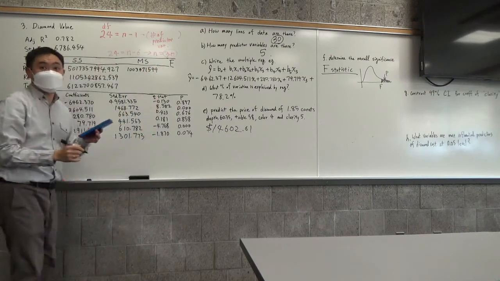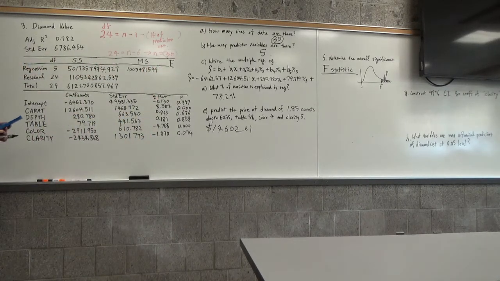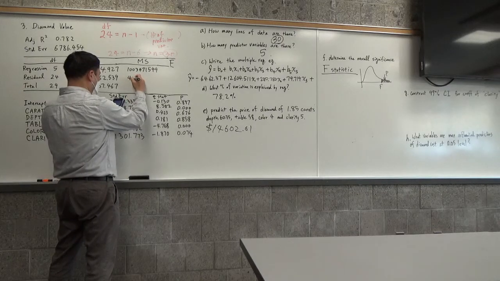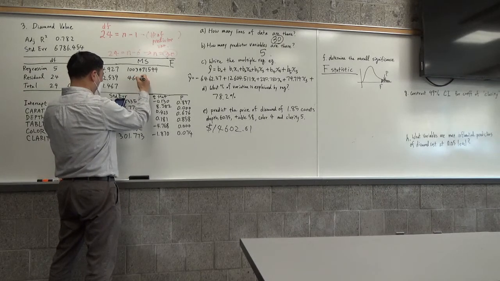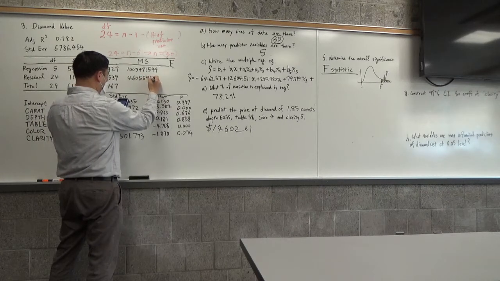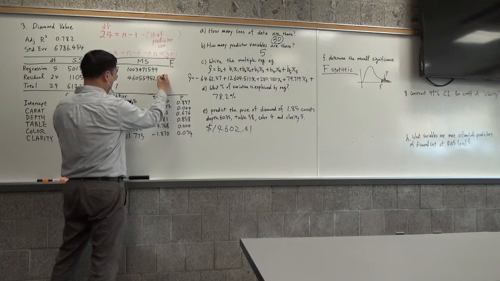Is that what you get too? Yeah. Okay, thank you. And then you have to do 62.539 divided by 24. And this one I get 46055,952.61.